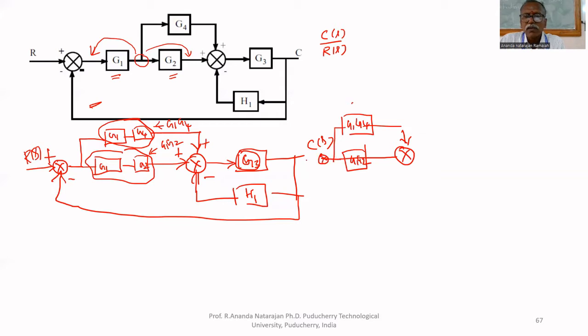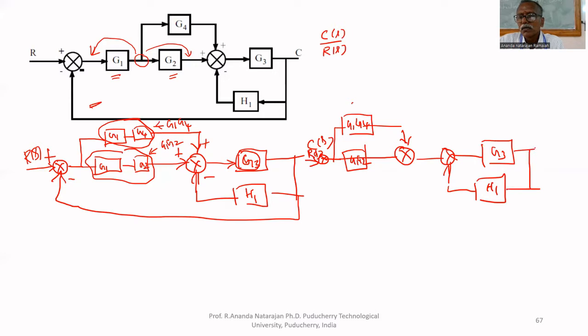These two are coming from R of S. Again, another summing block, G3, H1, C of S. This is minus sign. This is also minus sign. This is plus. This is plus. This is plus.